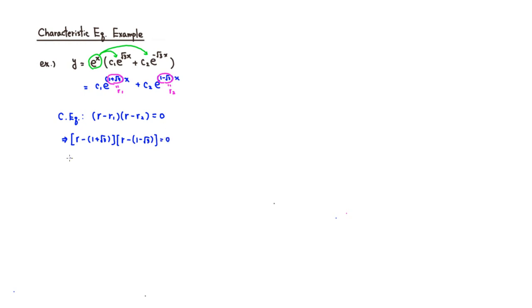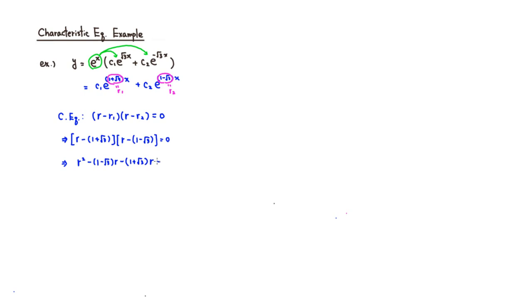Let's multiply this out. We're going to get r times r, which is of course r squared. Then r times negative the quantity 1 minus square root of 3 would be negative 1 minus square root of 3 times r. Negative the quantity 1 plus square root of 3 times r would be negative 1 plus square root of 3 times r.